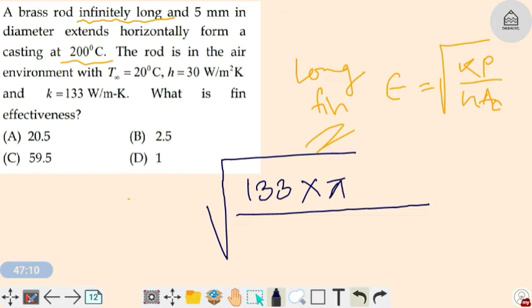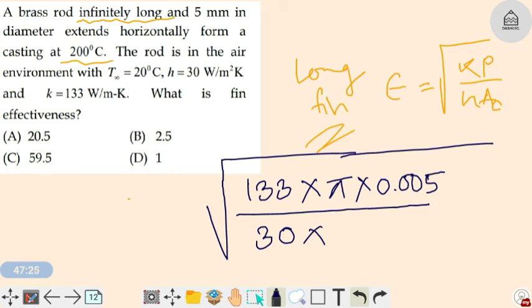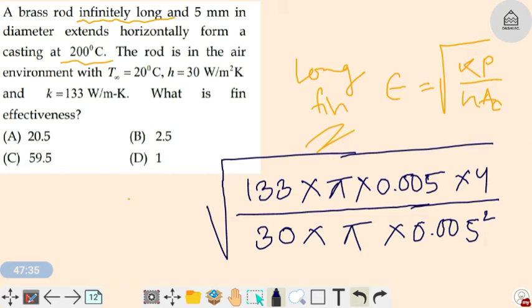Pi D, that is 0.005. Okay, pi D. h is 30. A_c is pi by 4 D square, 0.005 square.